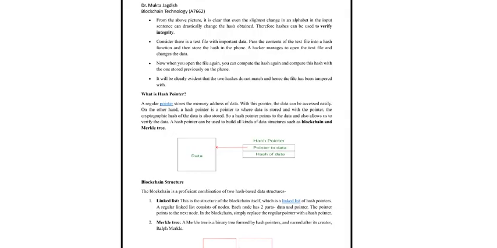Now when you open the file again, you can compute the hash again and compare this hash value with the one stored previously on the phone. It will be clearly evident that the two hashes do not match and hence the file has been tampered with. So with the help of the hash function, if the hashes do not match, it is directly declared that the message has been tampered with in the middle during transmission.